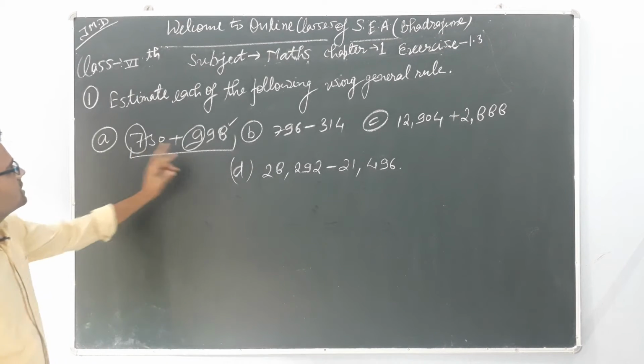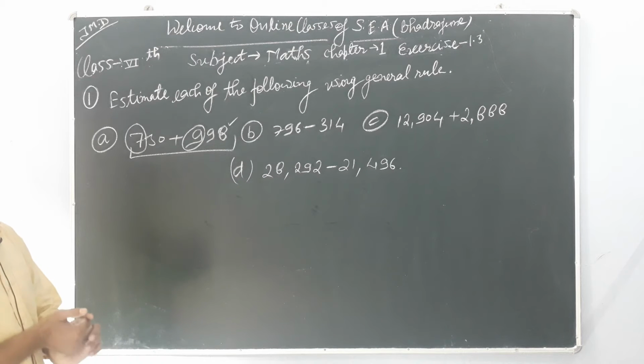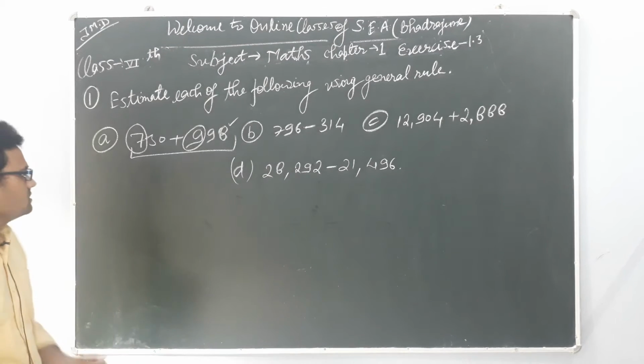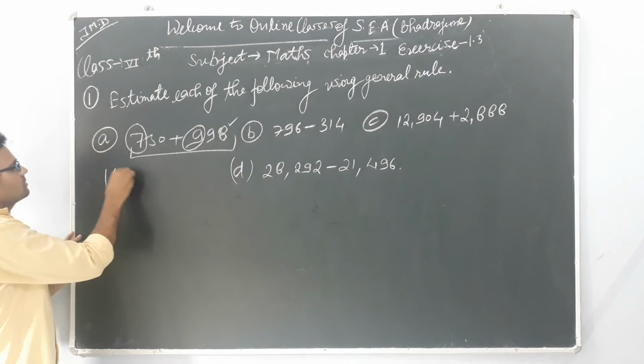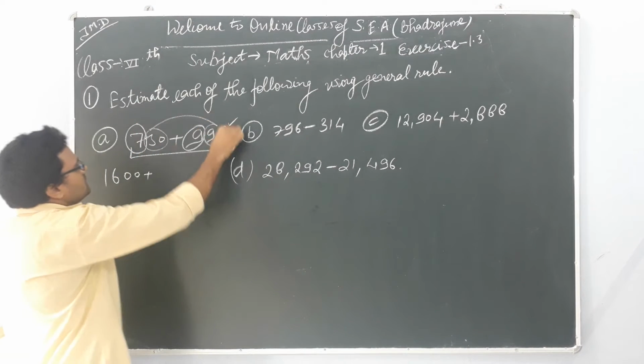So 700 plus 900 is 7 plus 9, which is 16, hence 1600, and after that 30 should be added with 98.